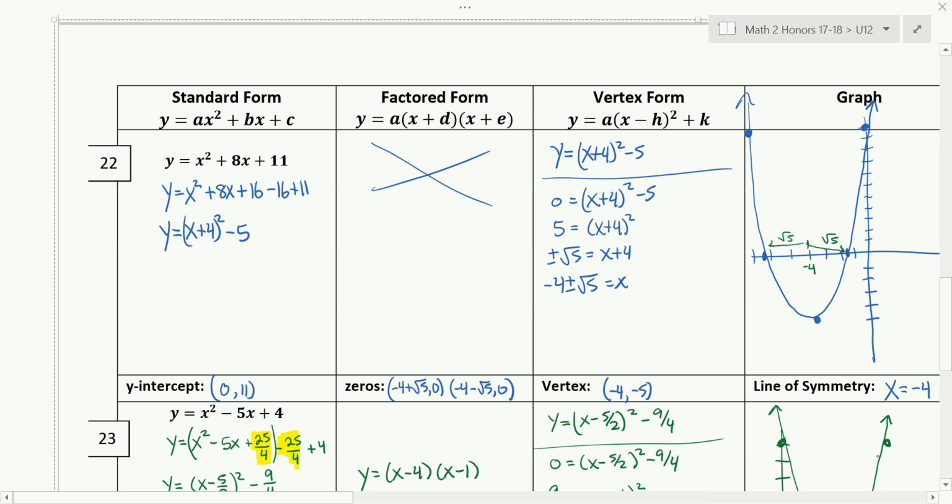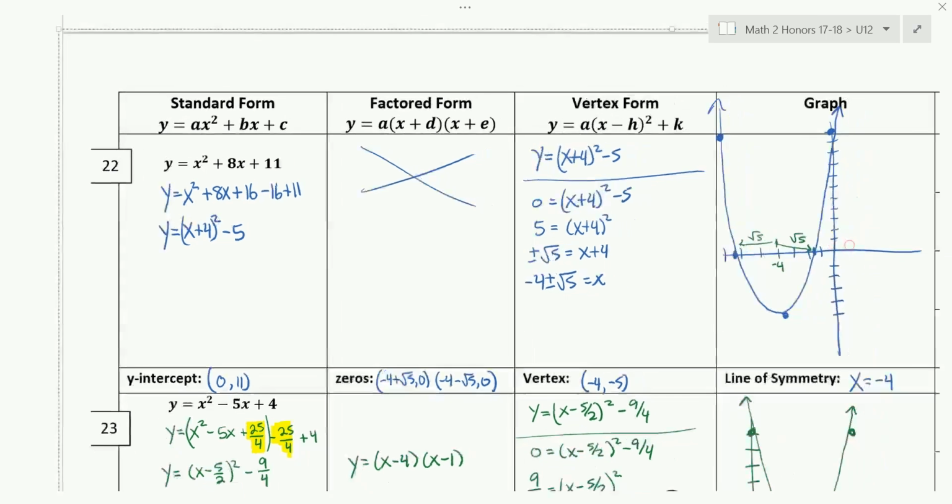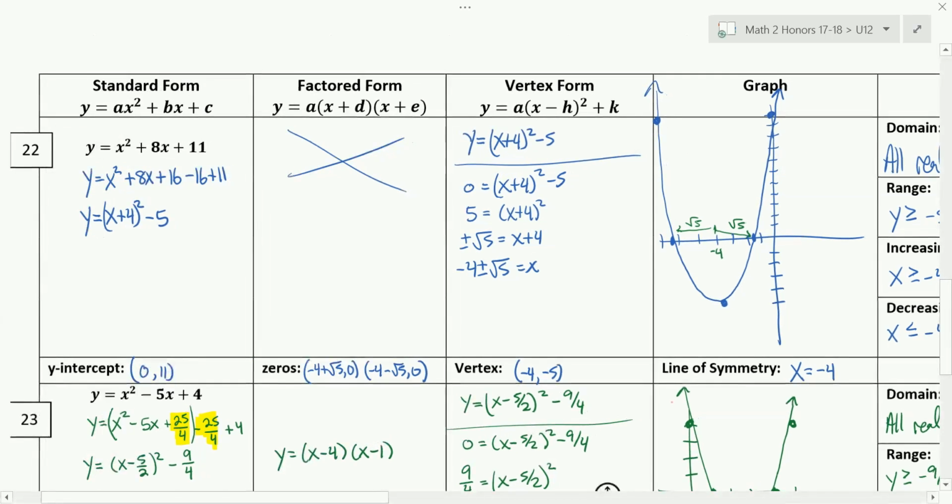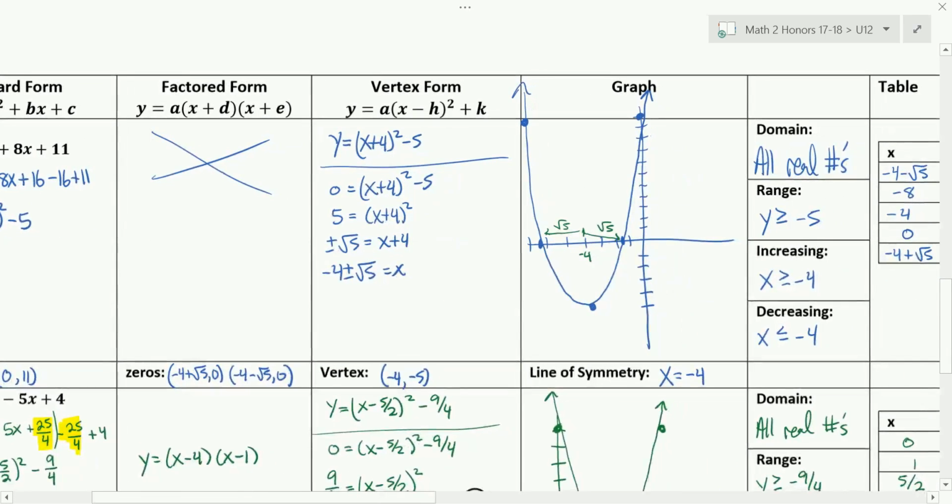Okay, number 22. When we first started getting square roots for our x-intercepts, I was pointing out a pattern to you. In number 22, we got negative 4 plus or minus the square root of 5. That negative 4 turned out to be our line of symmetry, or axis of symmetry, the middle of the graph. And the plus or minus square root of 5 was how far you moved to the left and to the right of that middle.